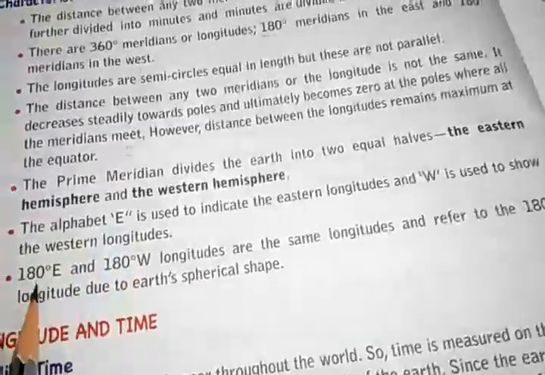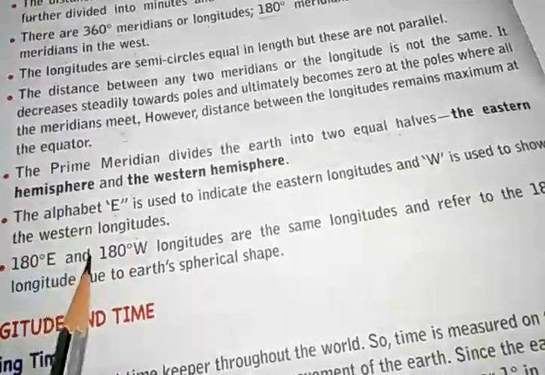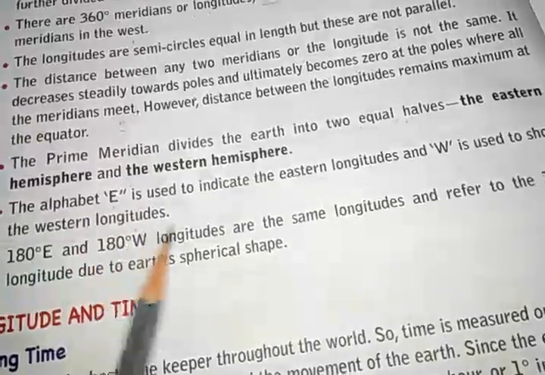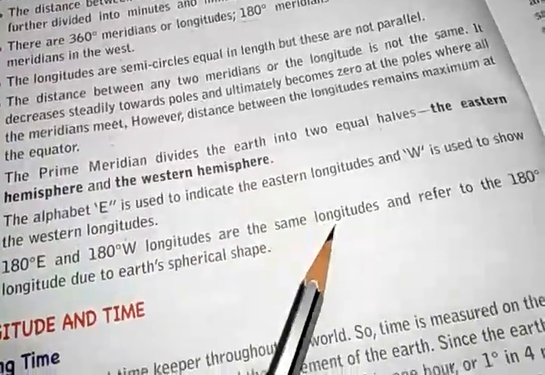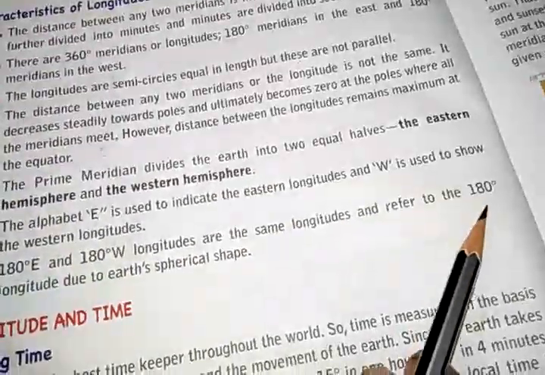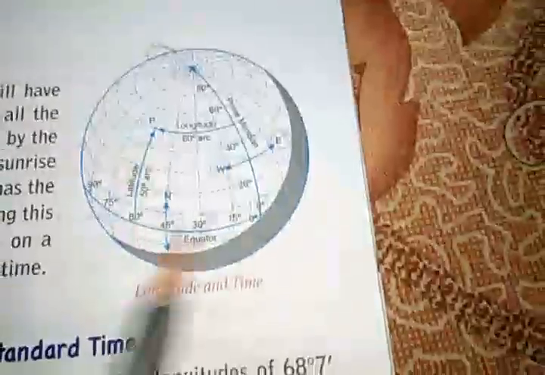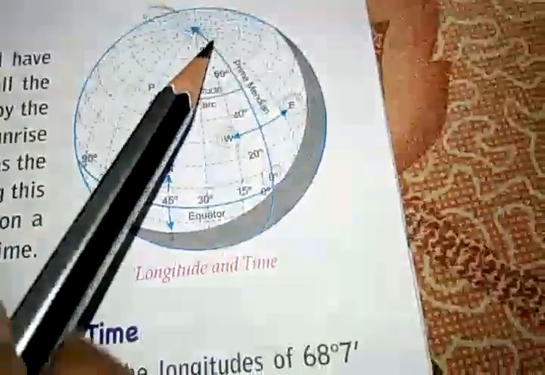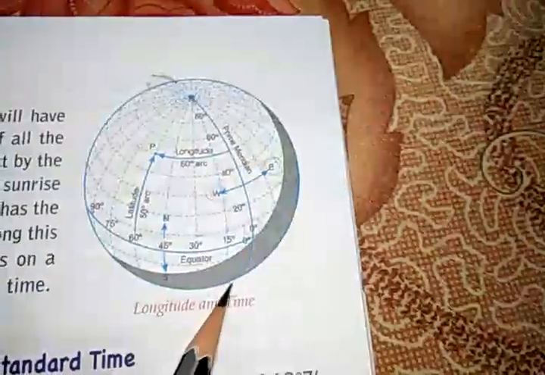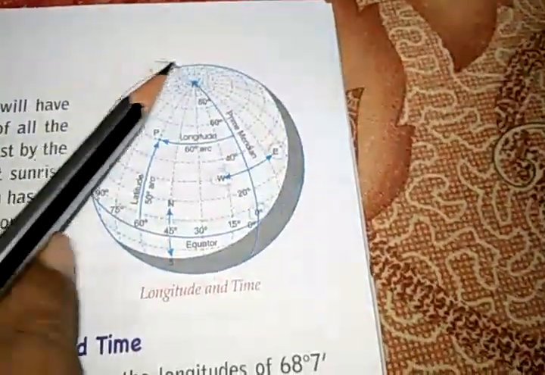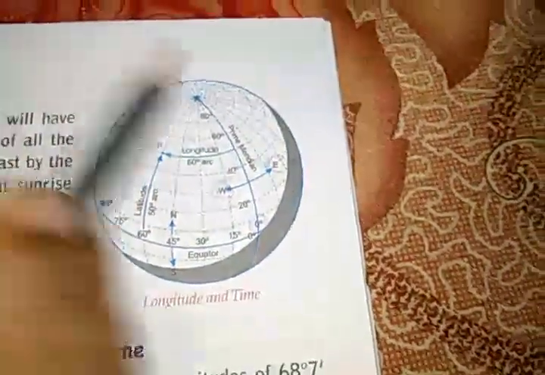Then 180 degree east and 180 degree west longitude are the same longitude and refer to the 180 degree longitude due to Earth's spherical shape. That is, 180 degree east and west longitude is the same. And this is the prime meridian. This prime meridian will make a circle if it goes to the other side also.